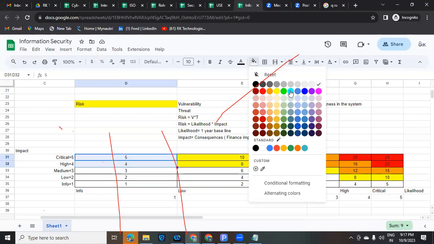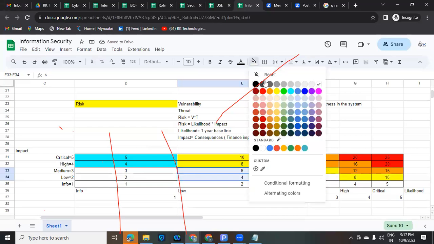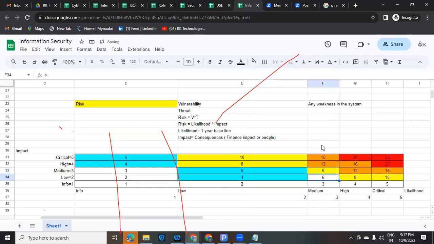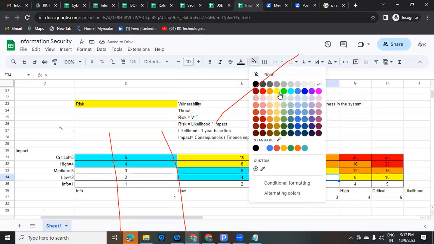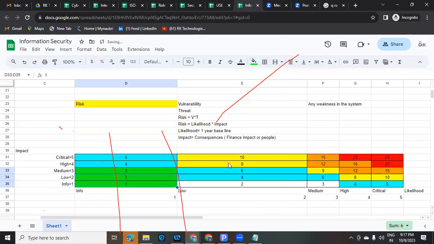I will represent with violet or cyan, whatever it may be. 6, 4, 5. So this is low. Finally, green. It's low.